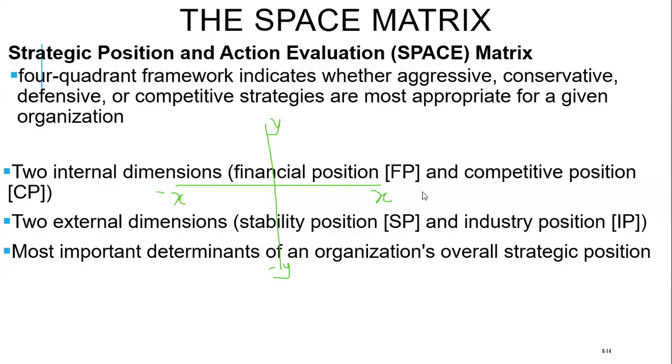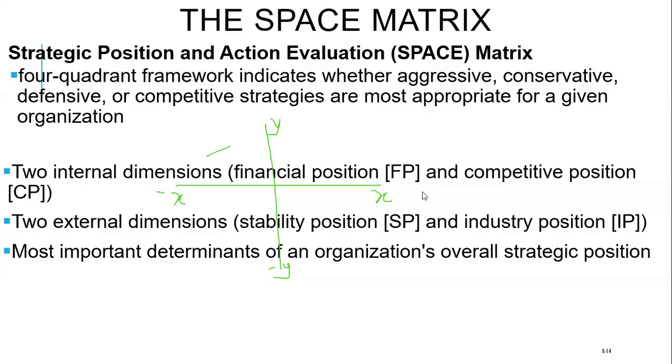Just as we used to do by plotting coordinates on the graph, at any point in time, the financial position, competitive position, industry position, and stability position of the organization is also plotted based on how they have been assessed for a given organization.